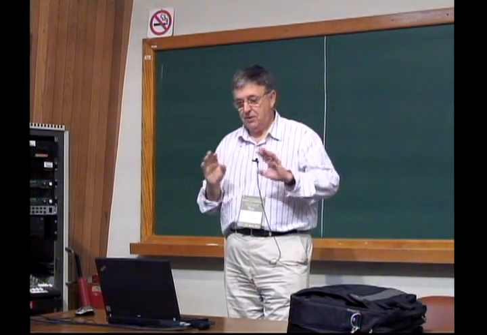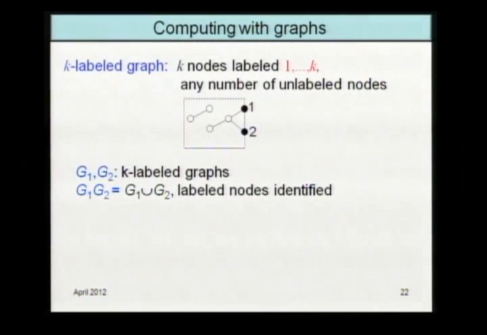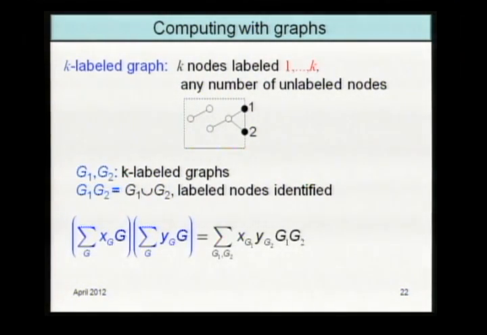It can have any number of unlabeled nodes. And we think of these labeled nodes as kind of terminal nodes which communicate with the outside, and the others are internal. And now if we have two k-labeled graphs, then I define their product as taking the disjoint union, but identify the labeled nodes. So just glue them together along the labeled nodes. And then we can extend this to these formal linear combinations just linearly.